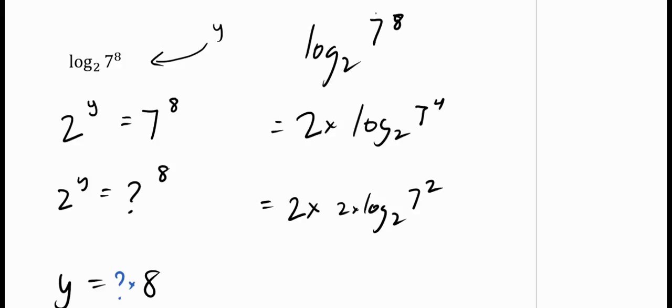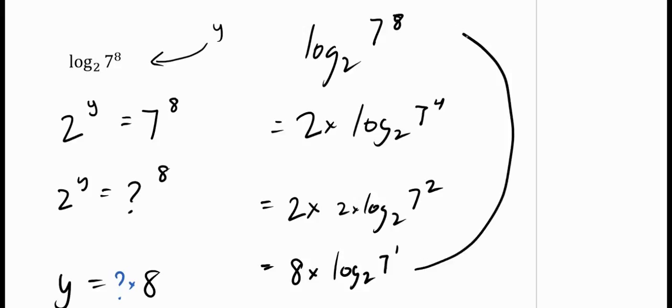I mean, there's a relationship there. Does that kind of make some sense? So 2 times 2 is 4. I'm going to pull one more 2 out. So 2 times 2 is 4, times 4 is 8. So this is like 8 times log base 2 of 7 to the 1. So I pulled all the 2's out. And this is the property that's important here, folks. So if you kind of didn't follow all of that, it's okay. But take a look at the relationship between this line and the first line.